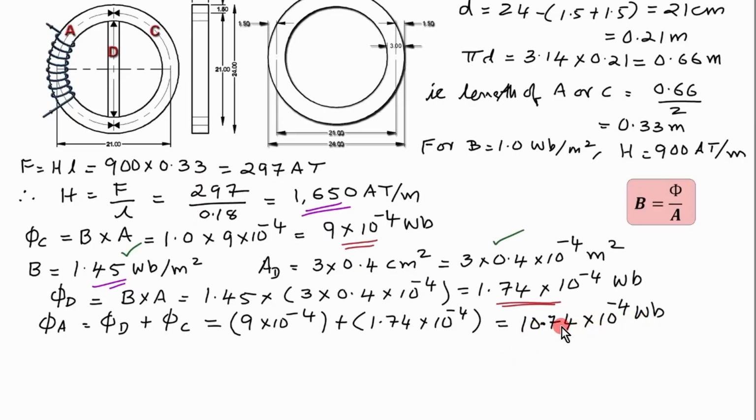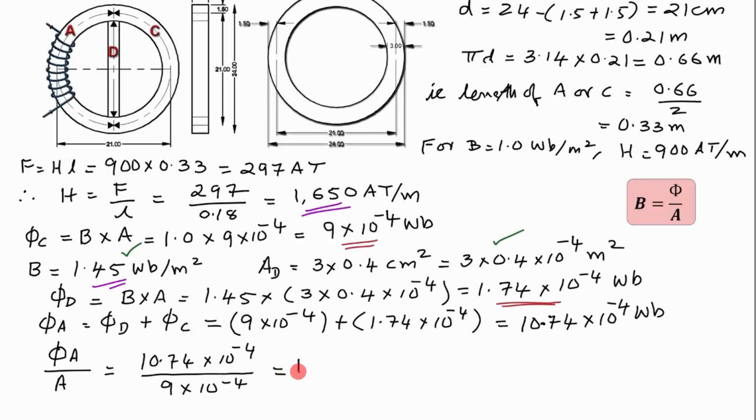Therefore, flux density in limb A is flux through A divided by area of cross section of A. That is, flux density through A is phi A divided by that area of cross section. That is equal to 10.74 into 10 raised to minus 4 divided by 9 into 10 raised to minus 4.